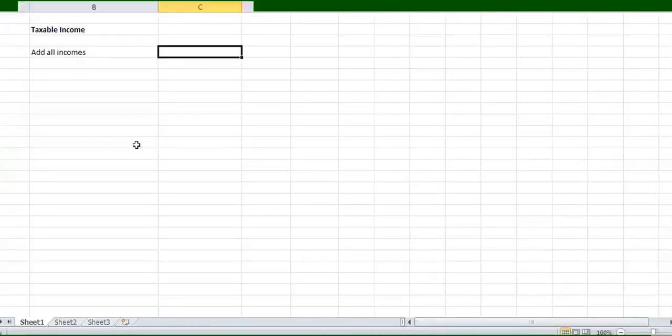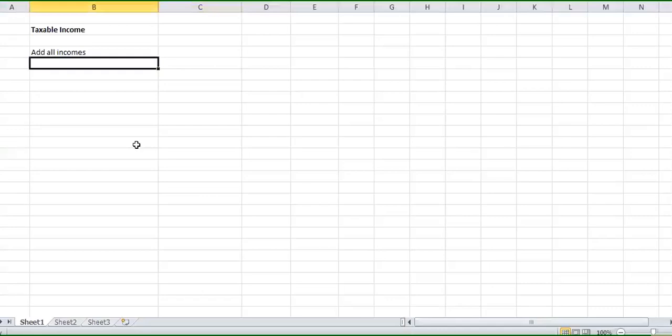There may be multiple types of incomes. Maybe an individual is earning interest. Maybe an individual has employment income, rental income, or trading income. So there are multiple types of incomes. So we will add all incomes of an individual less personal allowance.